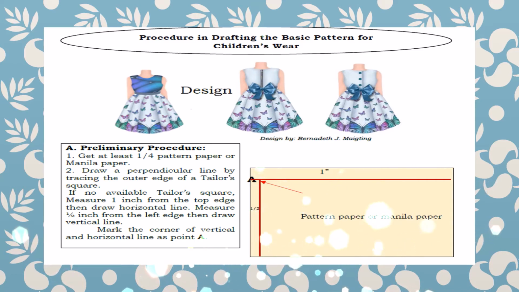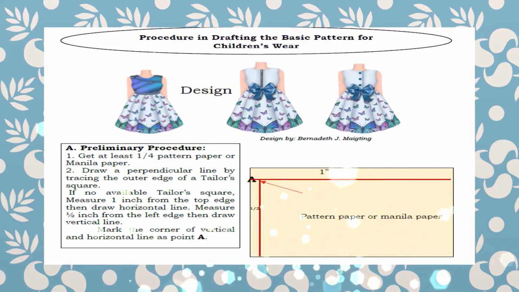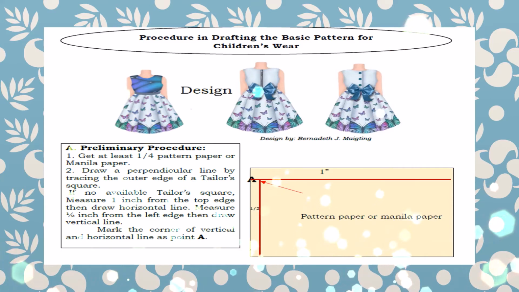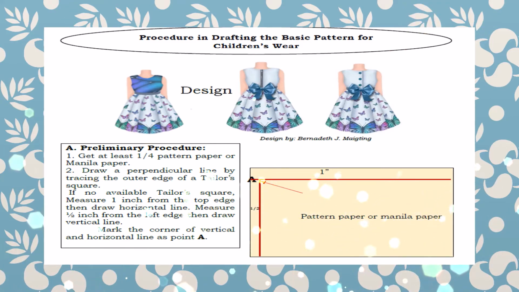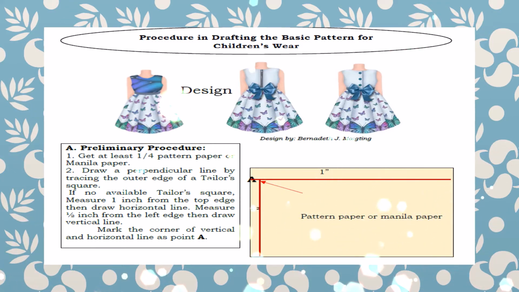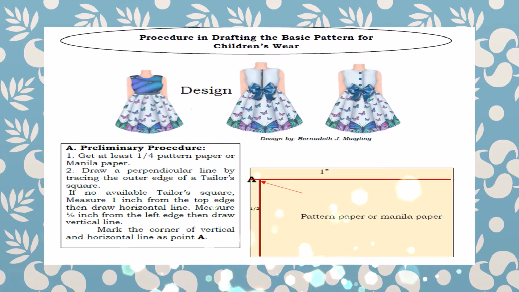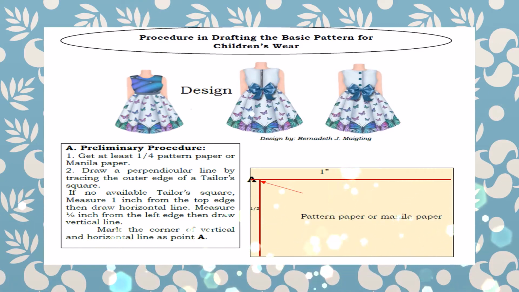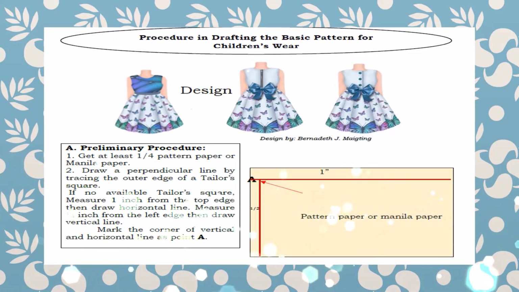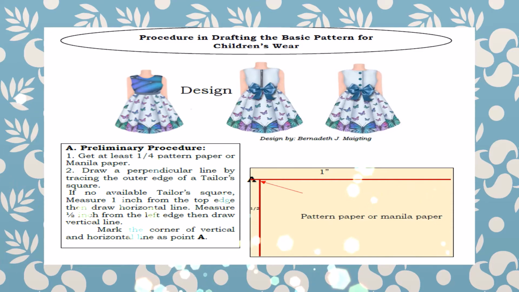If no tailor's square is available, measure 1 inch from the top edge, then draw a horizontal line. Measure 1/2 inch from the left side or edge, then draw a vertical line. Mark the corner of the vertical and horizontal lines as point A.